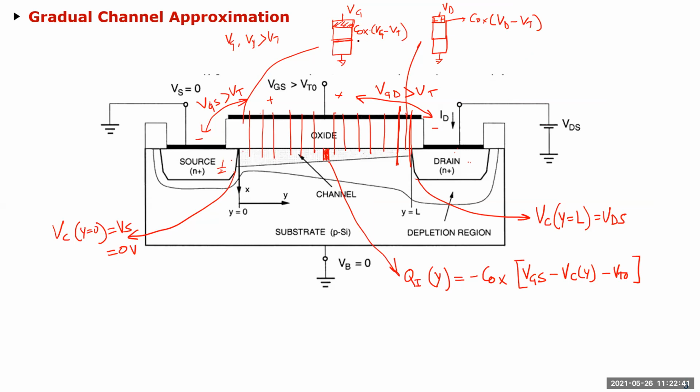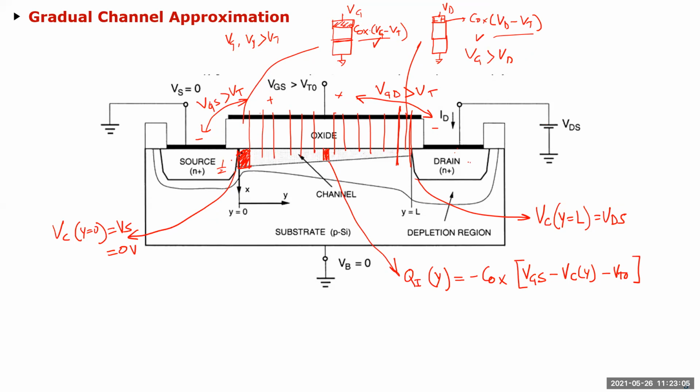Now, which charge is greater, this or this? Because Vg is greater than Vd, right? Which means that this charge is greater than this charge. So that's why you see it's shown as a height, but this is just for visual, basically. There is no height. There's still a very thin sheet of charge, but the charge concentration is different. So that's shown with this height, basically. So it's a visual thing.